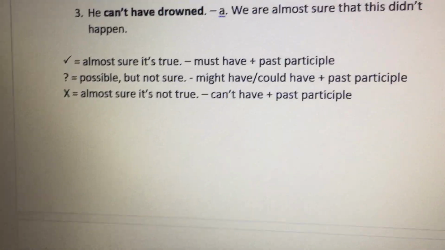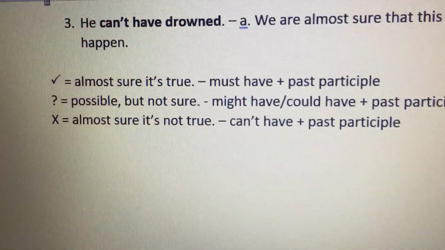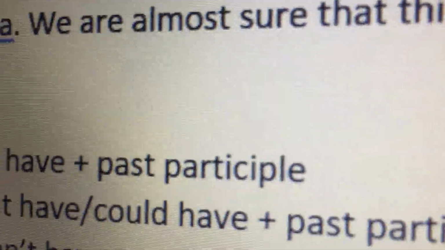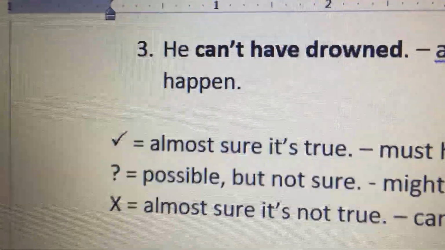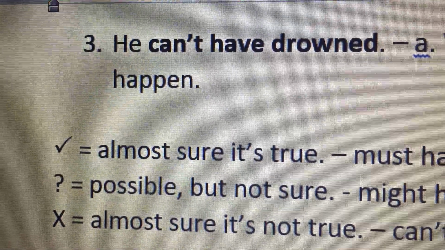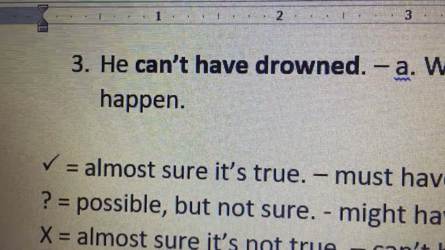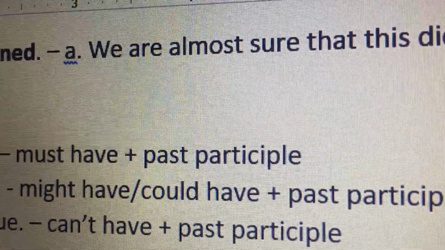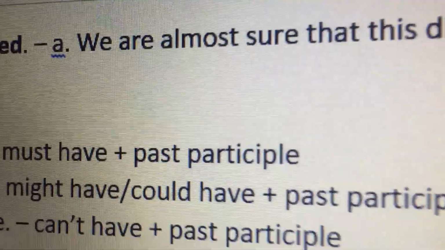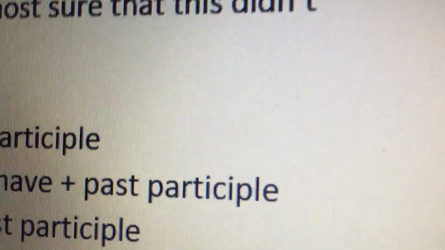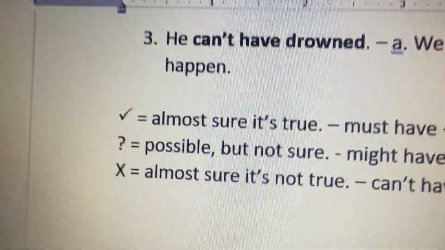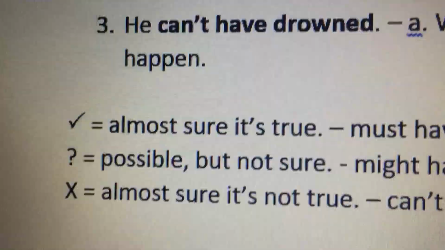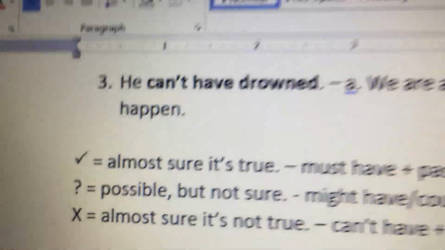repeat the rules. We use must have plus past participle when we are almost sure it's true, it happened. We use might have or could have plus past participle when we think it possibly happened, but we are not sure.